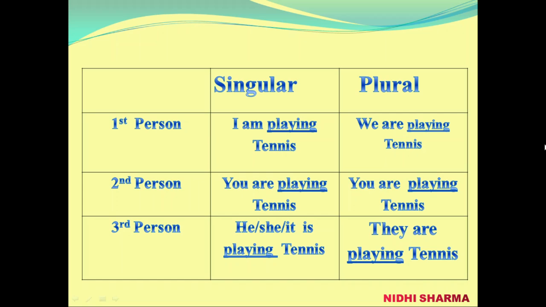With I we always use am, with the plurals we use are, and with the third person singular he, she, it, we have to use is as a helping verb. So the rule for the present continuous tense says that we use helping verb is, am, are plus the ing form of verb.